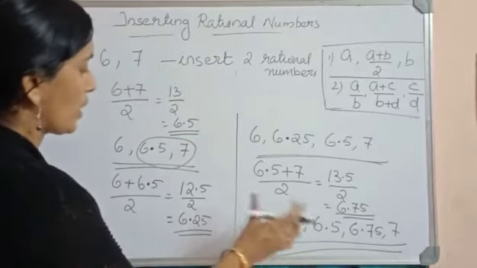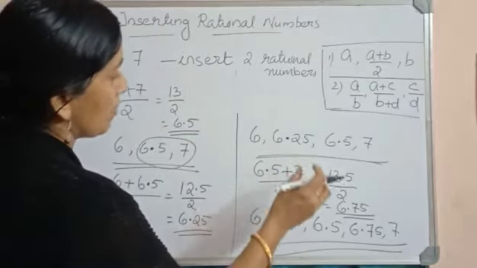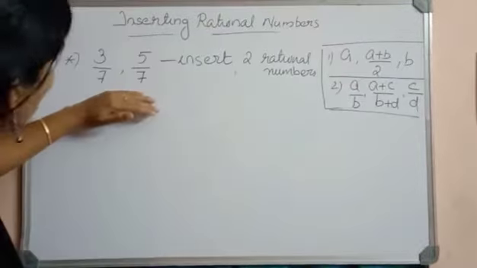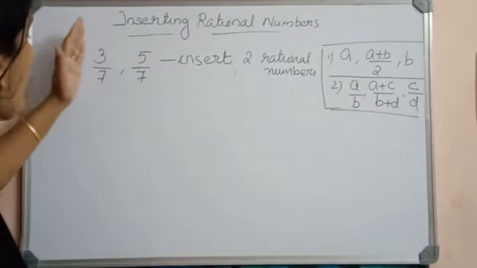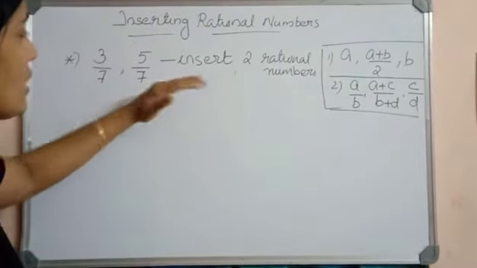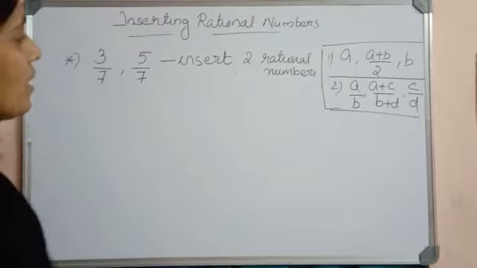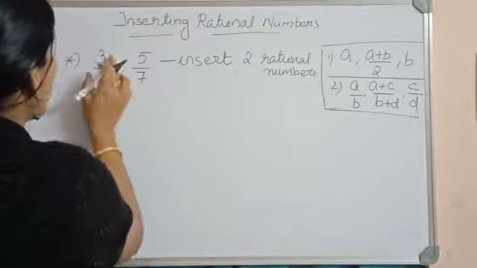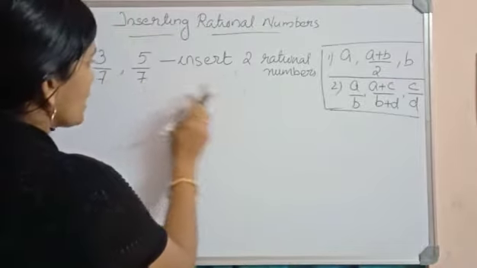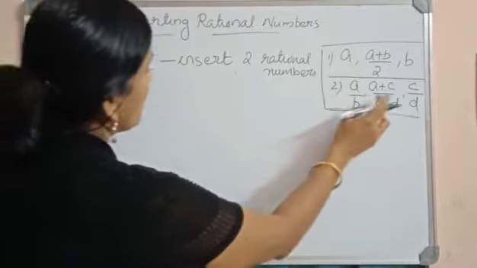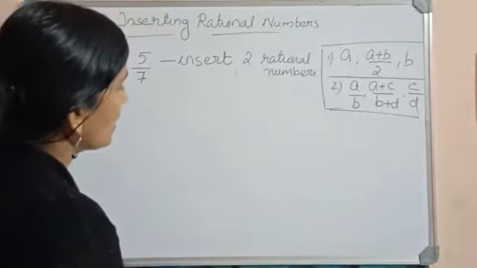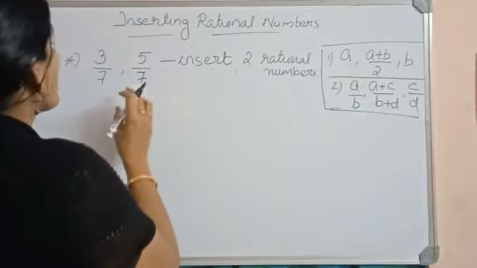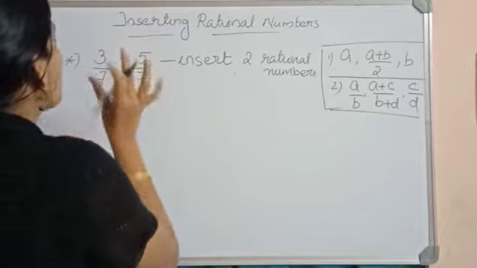Based on the numbers you are considering, you will be getting a number between those two numbers. Look at this question. 3 by 7 and 5 by 7, we need to insert two rational numbers. For this, let's go with the second method. So here, when a by b and c by d are the two rational numbers, then (a + c)/(b + d) is a rational number that is between the given two numbers.